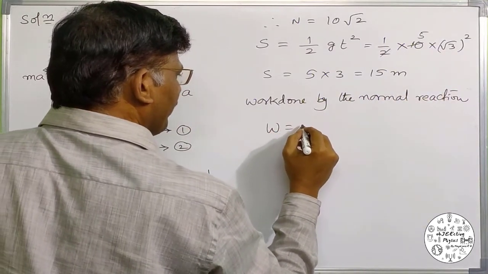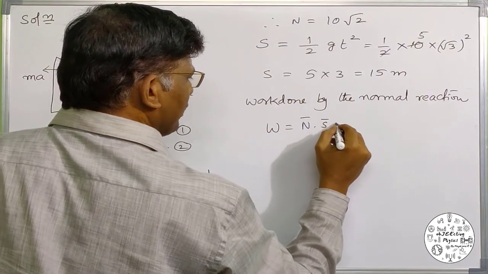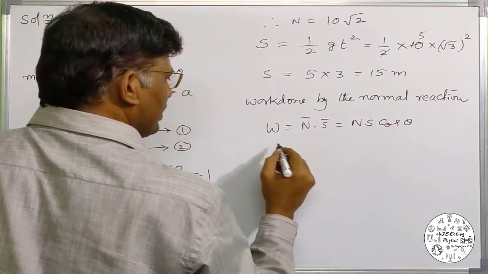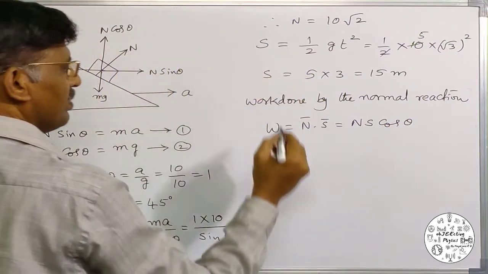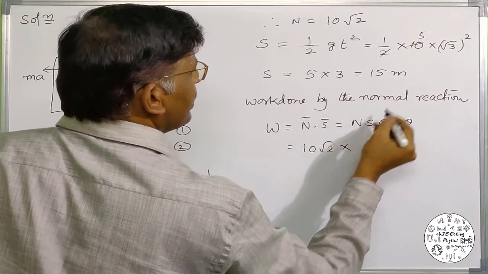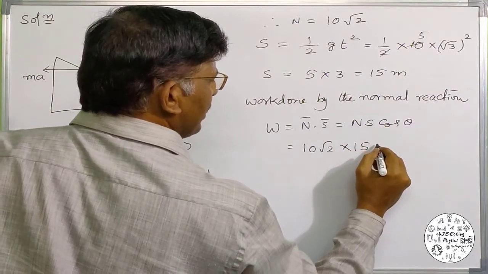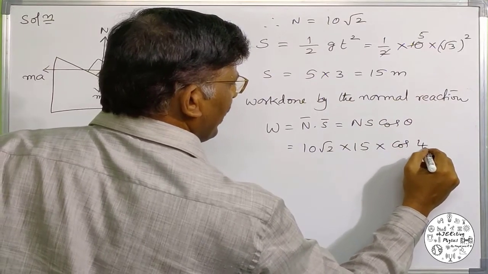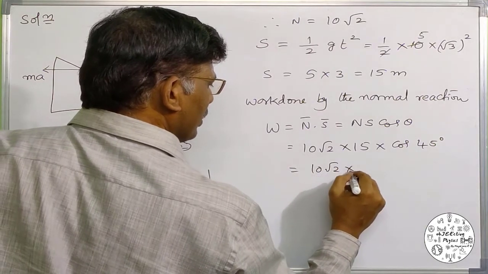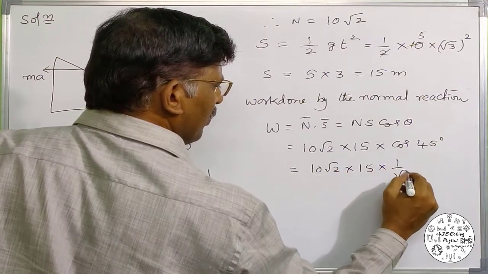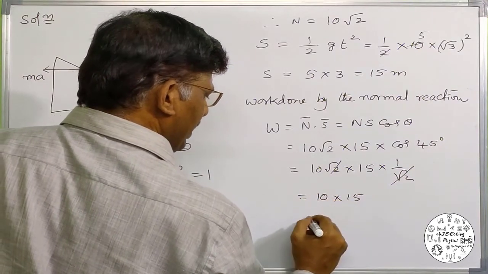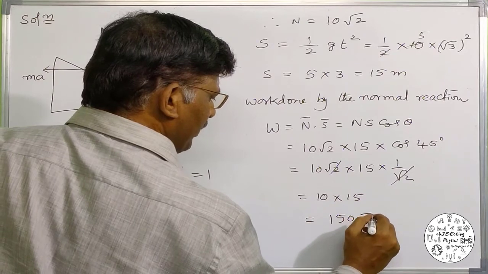W is equal to N vector dot s vector, that is equal to N s cos theta, where theta is equal to 45 degrees, and N is equal to 10√2, s is equal to 15 meters, into cos 45 degrees. So that is equal to 10√2 into 15 into 1 by √2. √2 cancels. So 10 into 15, that is equal to 150 joules.